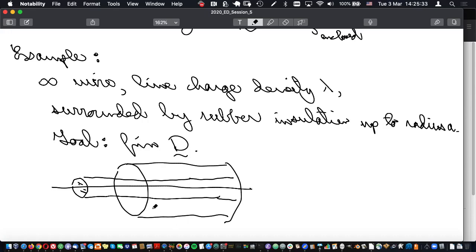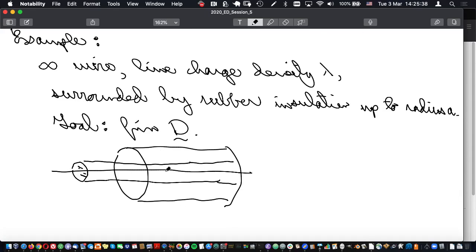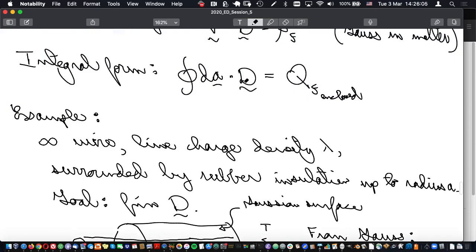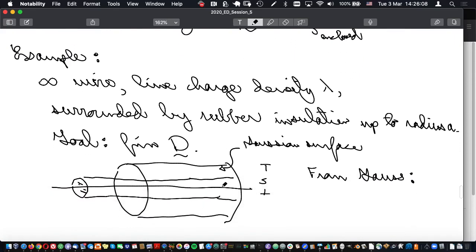Okay, so what does that tell me? If I integrate this, let's say this is radius S, so this is my Gaussian surface, then from Gauss, D is going to be constant over the whole surface.